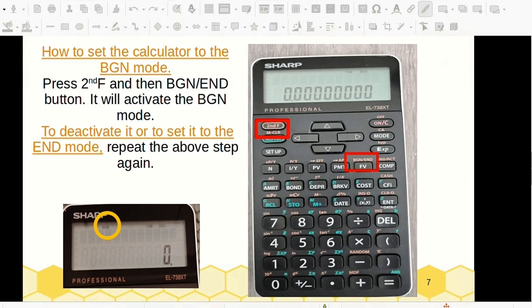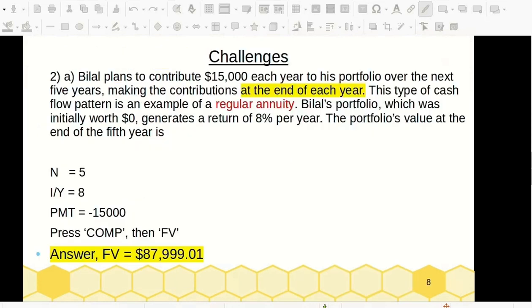Now, let's see an example. Bilal plans to contribute $15,000 each year to his portfolio over the next 5 years, making the contributions at the end of each year. Bilal's portfolio, which was initially worth 0, generates a return of 8% per year.